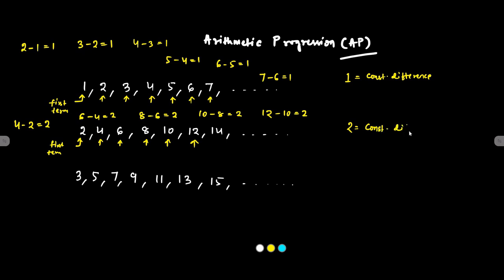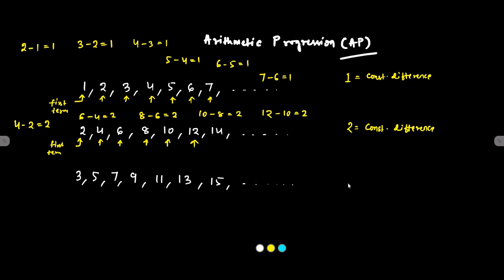Here also each term of the sequence differs from its preceding term by a constant value. And in the third, 5 minus 3 is 2, 7 minus 5 is equal to 2, 9 minus 7 is equal to 2, then 11 minus 9 is equal to 2, 13 minus 11 is equal to 2, 15 minus 13 is also 2.